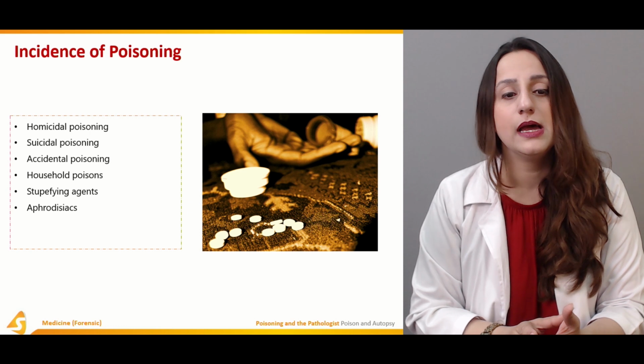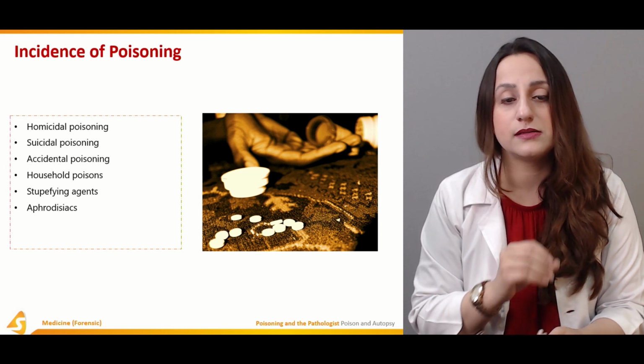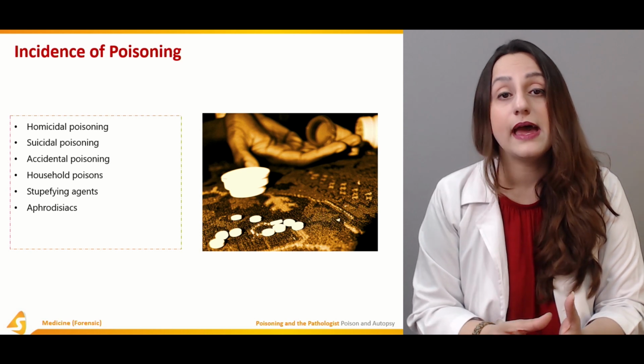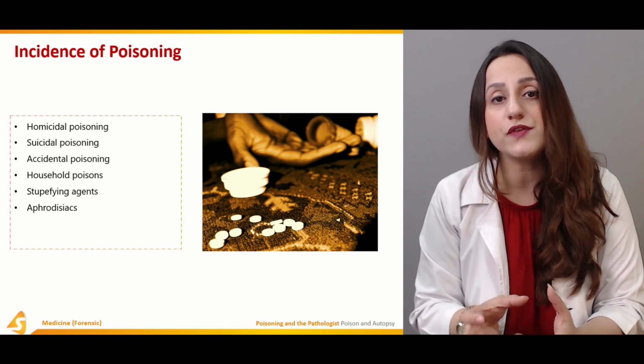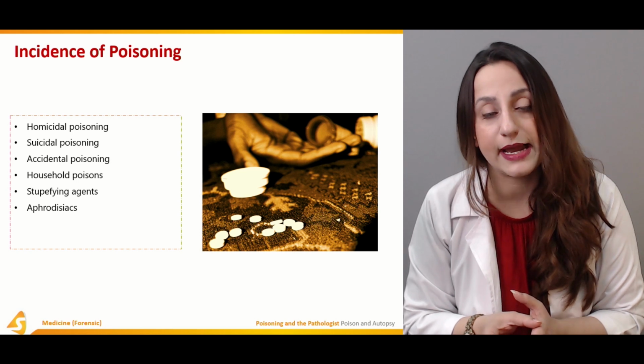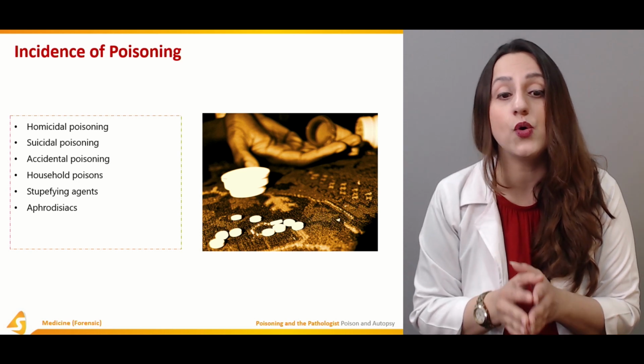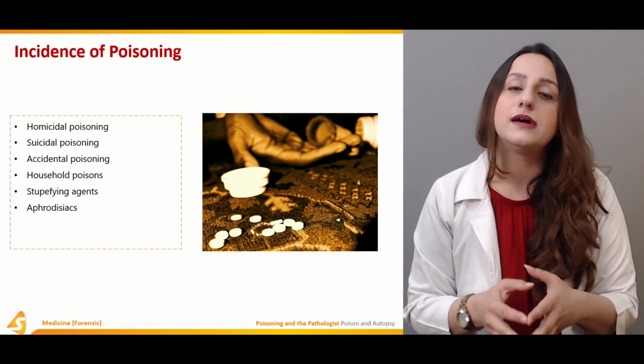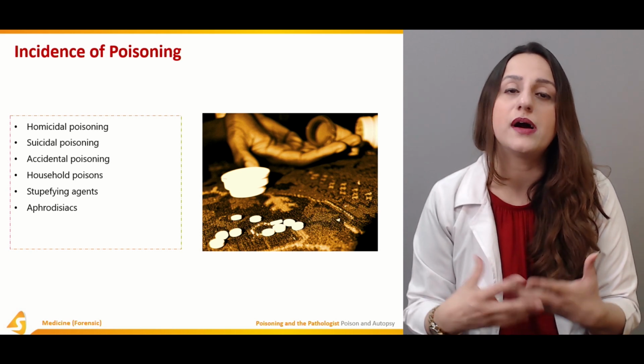For example, dhatura and narcotics, opium, all of these are included in the stupefying kind of drugs. And then we have the aphrodisiacs. Aphrodisiacs are basically the sexual stimulants or party-related drugs.